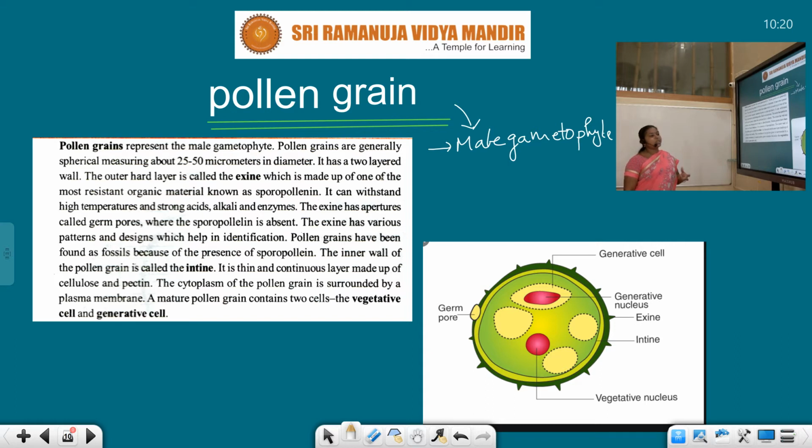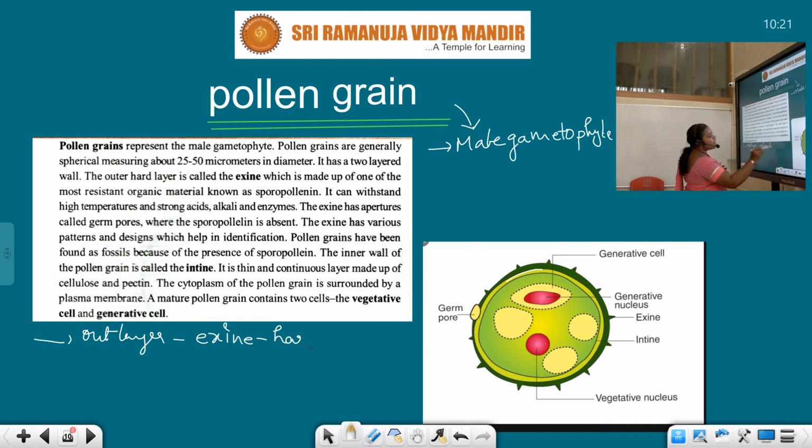It has 2 layers of walls. This pollen grain is surrounded by 2 layers of walls. The outer layer is hard and is called exine, which is made up of one of the most resistant organic materials known as sporopollenin. Why is it so hard?